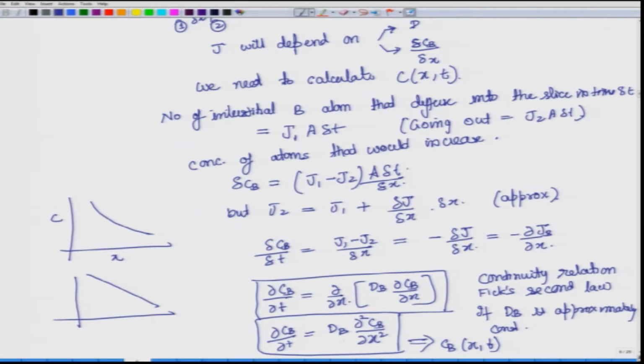So, as I said, the steady state will only be possible when you have straight line like behavior for concentration. So, this is the steady state when del CB by del x is equal to constant, and whenever there is a curvature, then you would know that it is non-steady state.